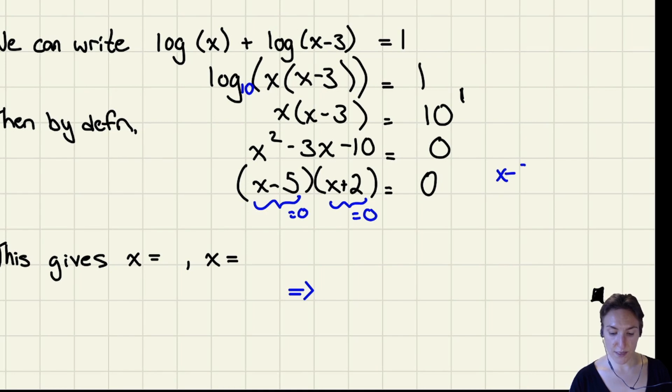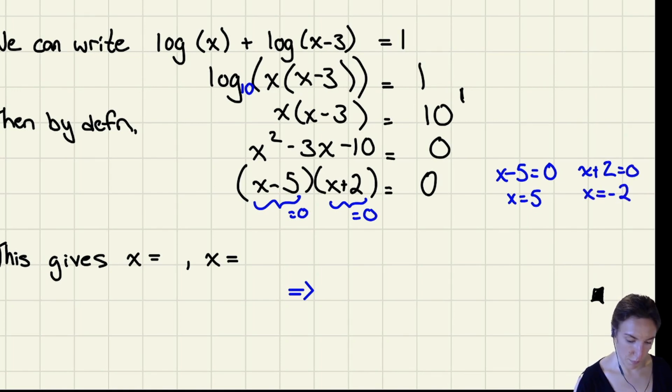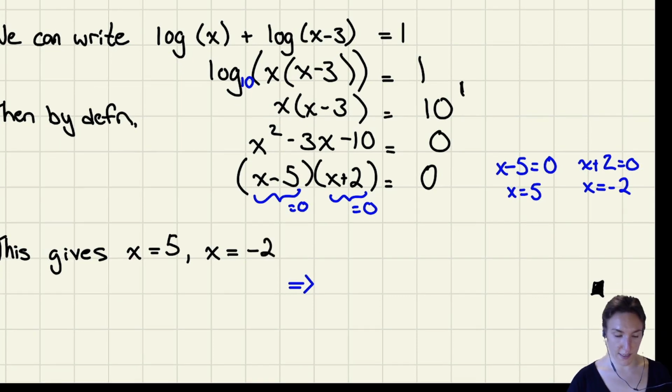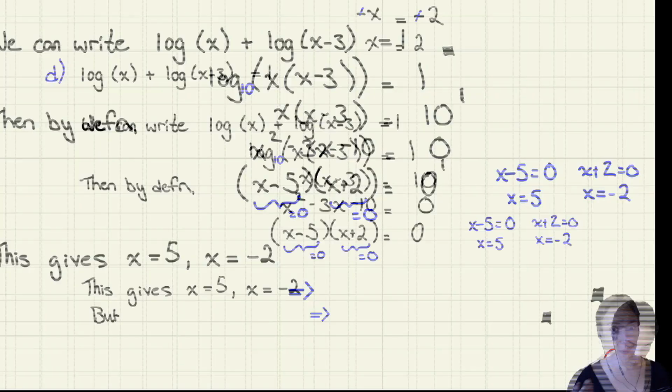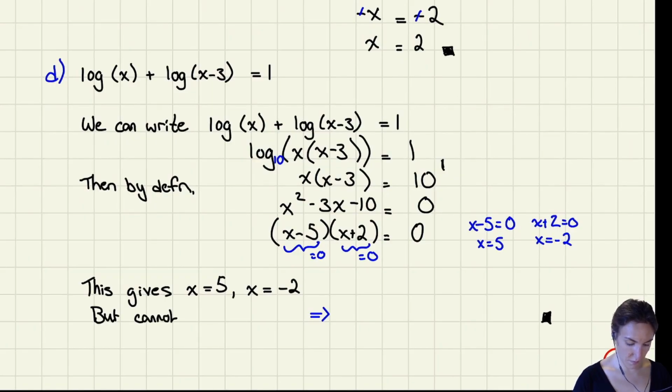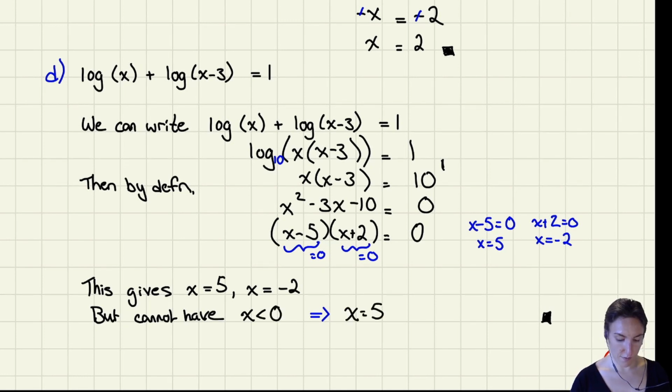So if you have x minus 5 is equal to 0, you still have to isolate for the x. Negative 2. Okay, perfect. So now I have 5, and now I have negative 2, but I still have to be careful here. We cannot have x's that are less than 0 or negative. So x is equal to 5 is the solution, okay? Be really careful about this.